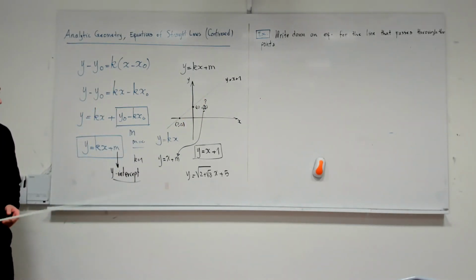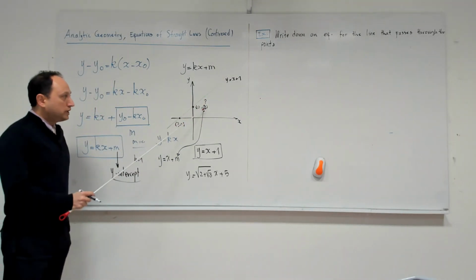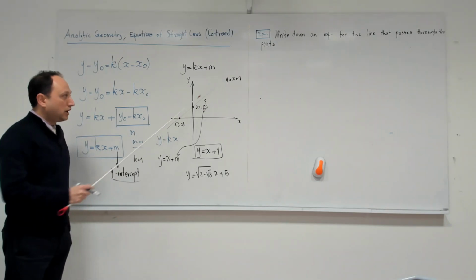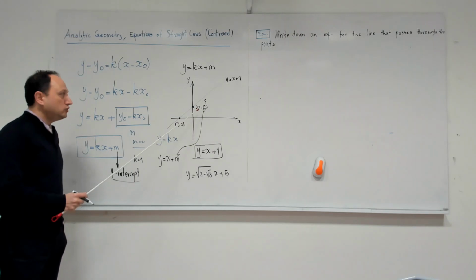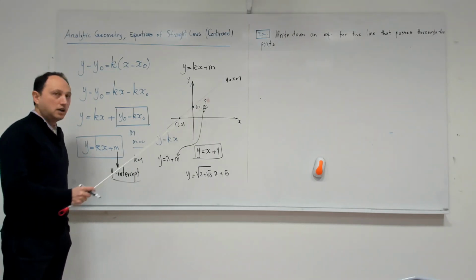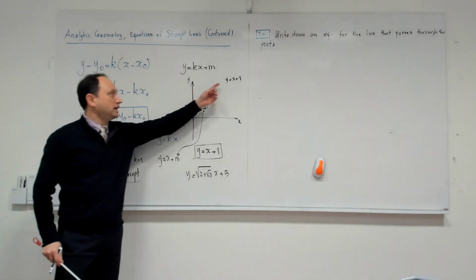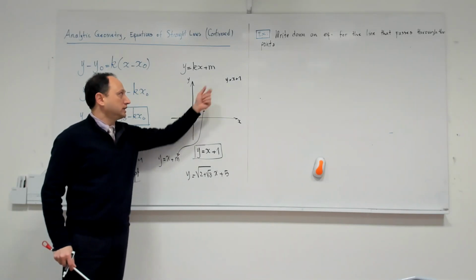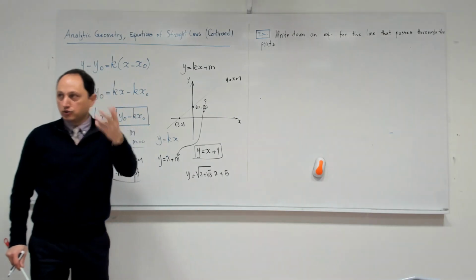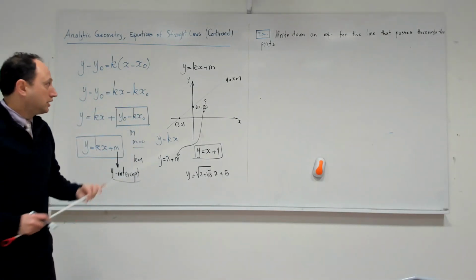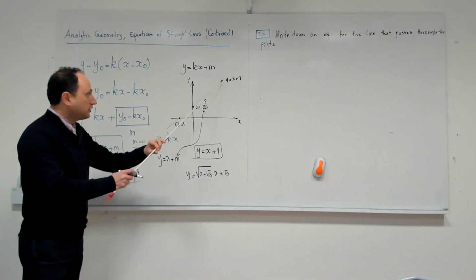Now, this point lies on the line. You need to remind yourself of one thing: if you know that a point is on the line, it means that if I replace Y with the Y coordinate, and if I replace X with the X coordinate, that equality should hold. So I know that this point is on this line.